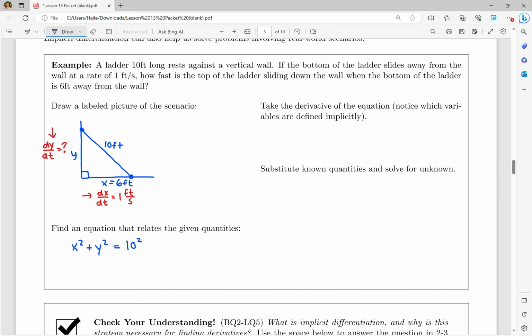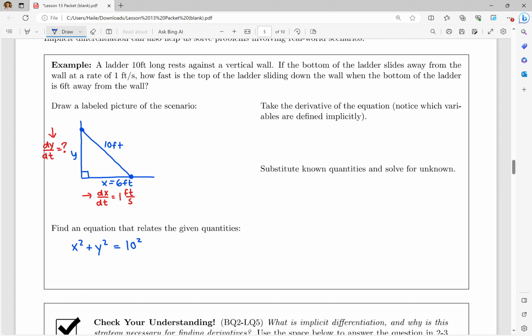Now, somehow we want to get rates involved in this equation that we've used to relate our picture. So we're going to take the derivative, and that's going to make our rates pop out. If we take the derivative of the equation, notice this is going to have to be implicit because x and y are both on the same side. We've got multiple variables going on in this function.